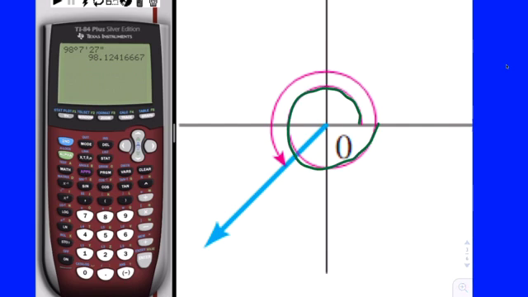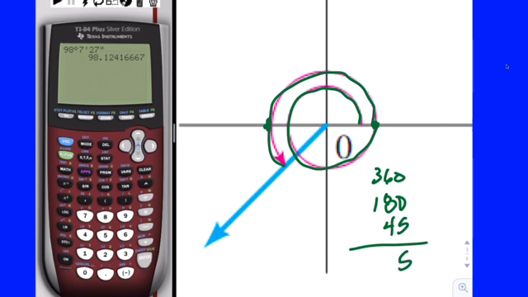We rotate all the way around to 360 plus another 180. So if you want to keep track, there's 360 plus another 180, and then plus another 45-ish. So that ends up being 585, something like that. Positive 585 degrees.